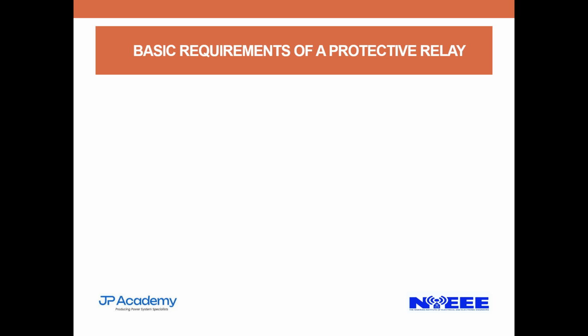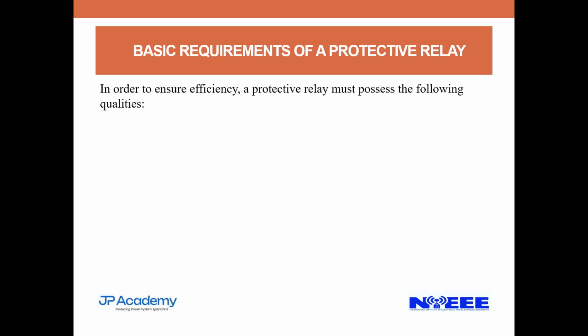Next, we are looking at the basic requirements of a protective relay. What are these qualities that a protective relay should possess before we can say that this protective relay is efficient? There are certain criteria that this relay must possess. And the first of these criteria is that a protective relay must possess reliability.